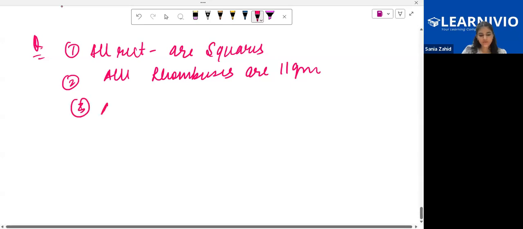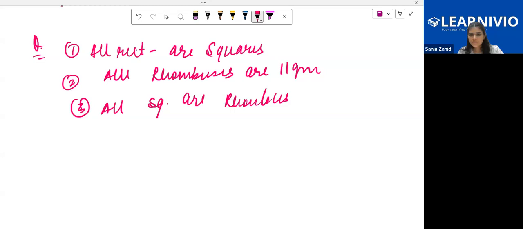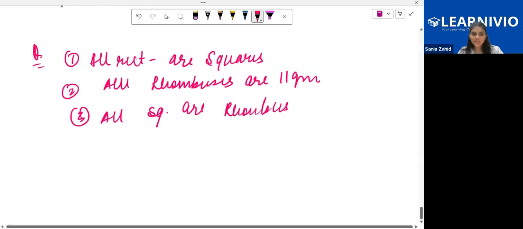Third is, all squares are rhombuses. You have to tell me whether the given statement is true or false. Okay, first one, who will tell me? Ma'am, first one false.